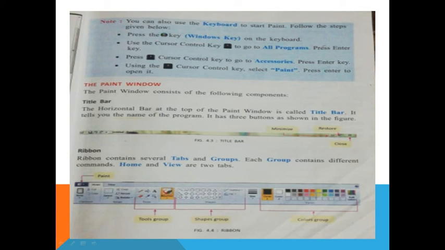Each group consists of different components. Home and View are the 2 tabs. See, here is Paint, then the Tools group, here the Shapes group, and here is the Colors group. This is called the ribbon.